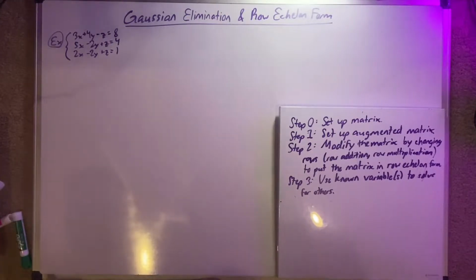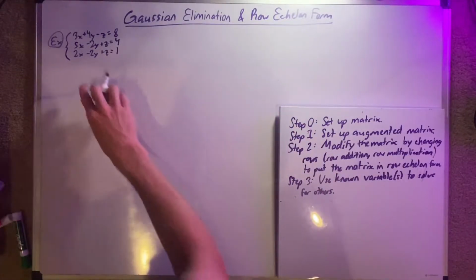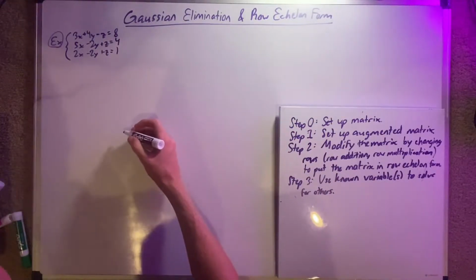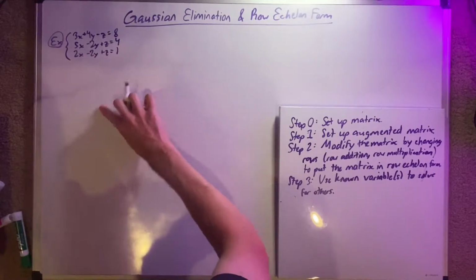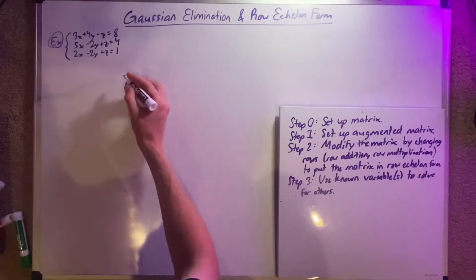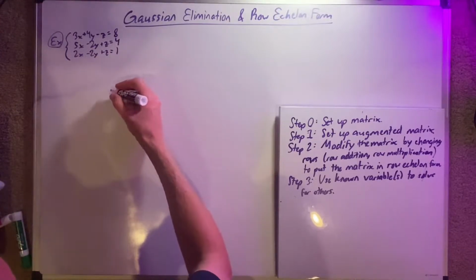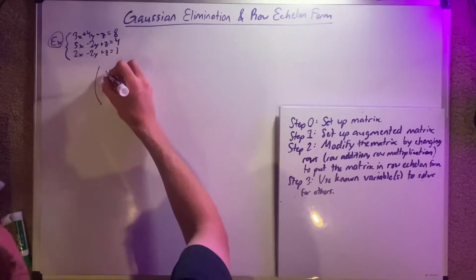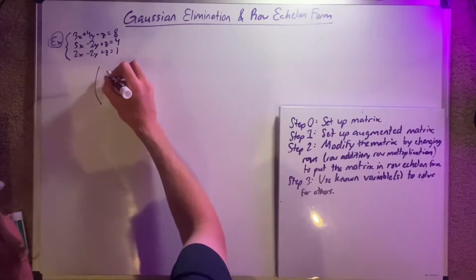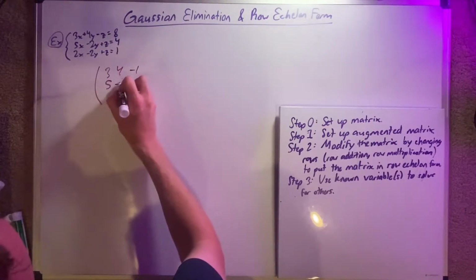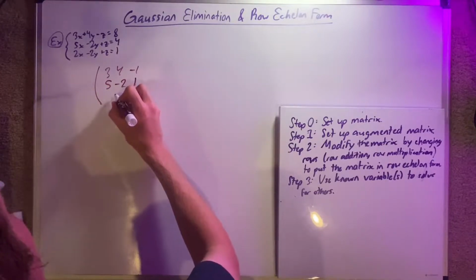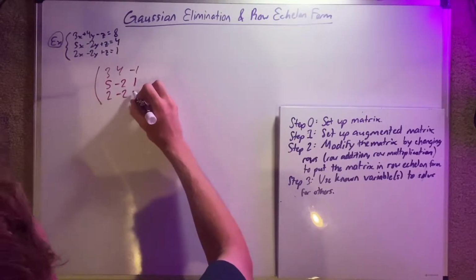What the heck is a matrix? A matrix is a simple way to write a system of equations or coordinates in space. For our instance, we have a three-dimensional matrix because we have three variables. So we have our 3, 4, -1, 5, -2, 1, and 2, -2, 1.